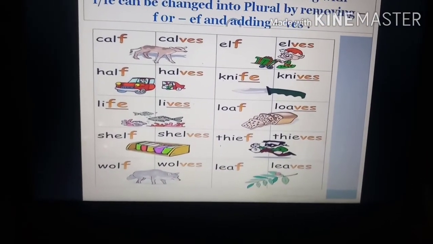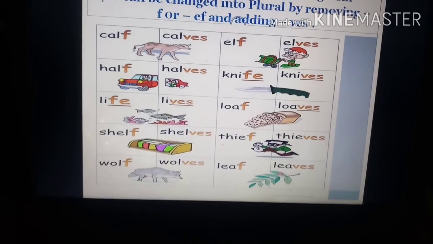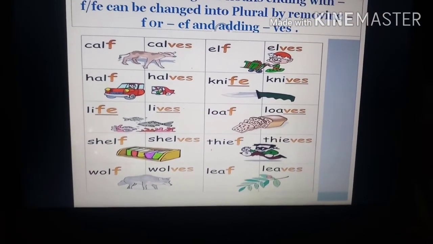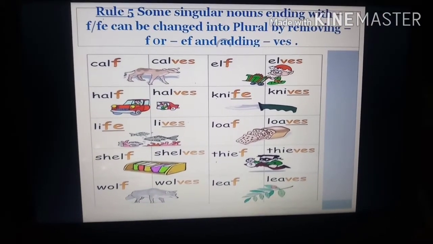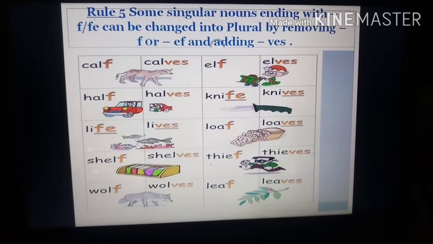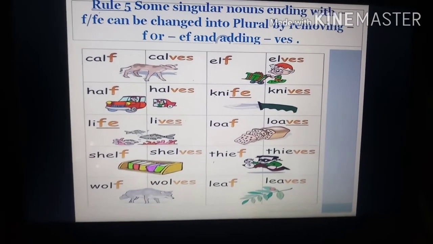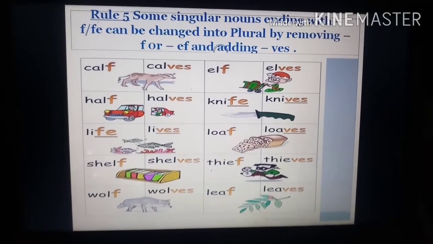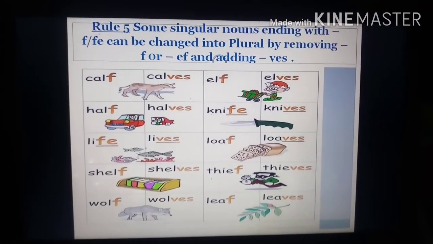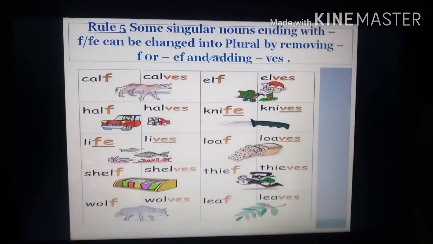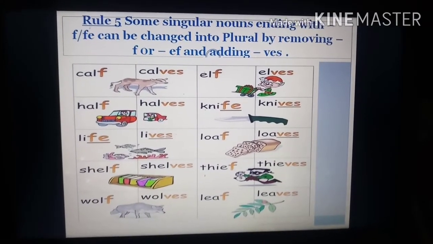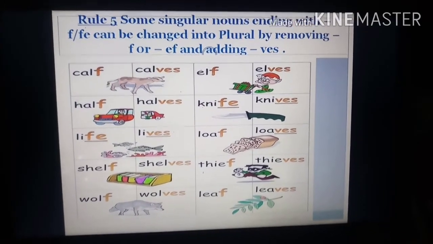Knife, knives. Loaf, loaves. Thief, thieves. Leaf, leaves. So the words that end with F or FE, we will change them by adding VES, and by adding VES we can make them plural.